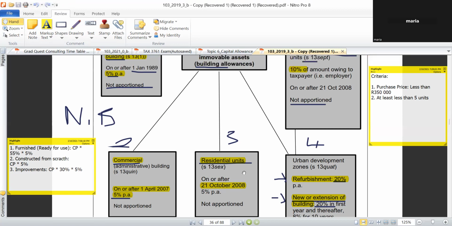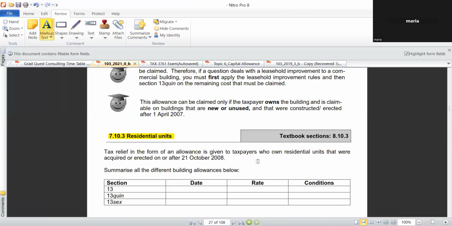I repeat again, it would require you guys to apply Section 13(6) provisions, whereby they would say 5% of the purchase price gives you the value for the capital allowance. Right, so that's this. All right, not complicated.